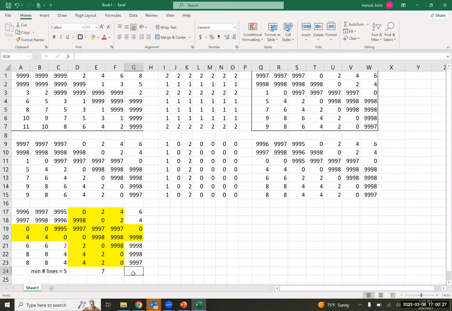So this amount of 2 will be subtracted from every unlined area, right? Right here and here. And then added to the intersection of these 5 lines. So we're gonna add 2 to these 6 different locations, okay?